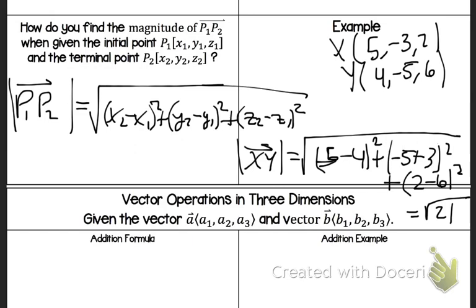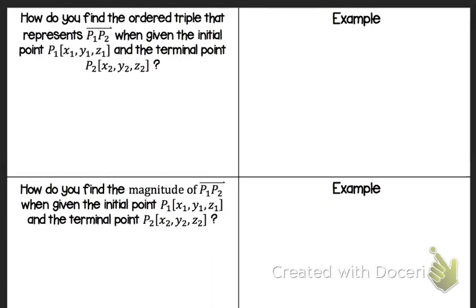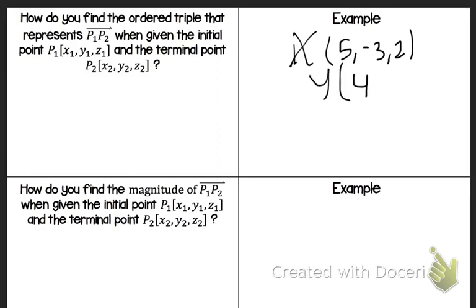Okay, and actually, now that I'm thinking about it, that last one I did up here was not right. Sorry. I did x minus y. We need to do y minus x, because x is your initial point. Y is your terminal point.